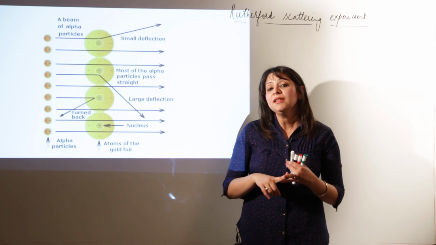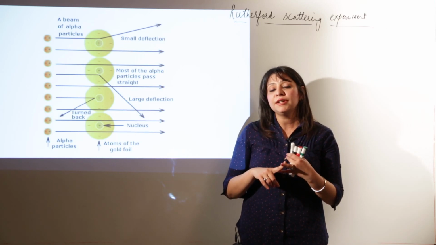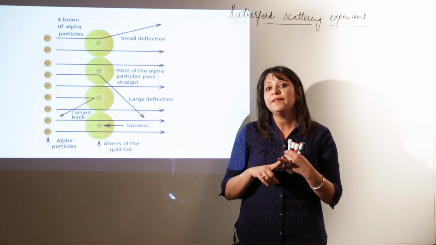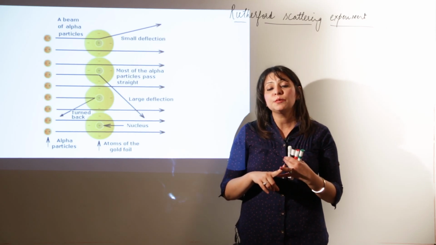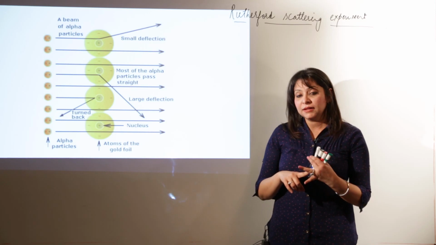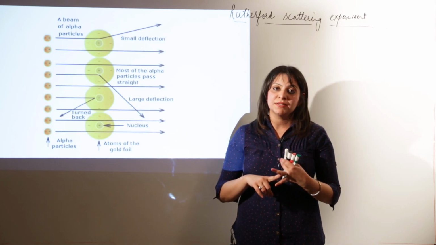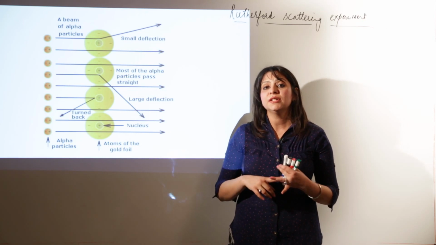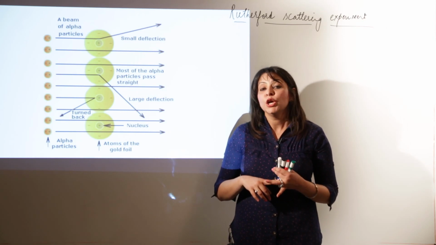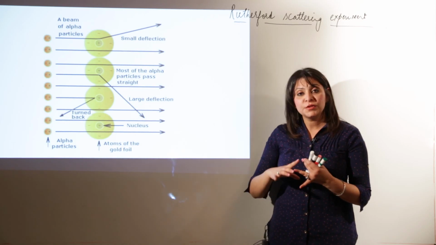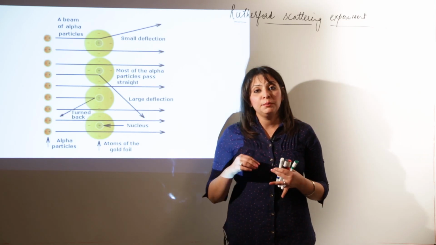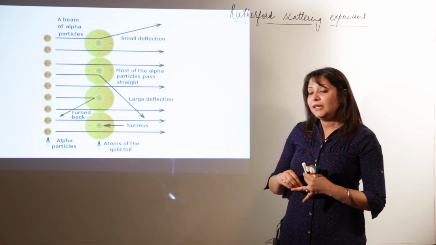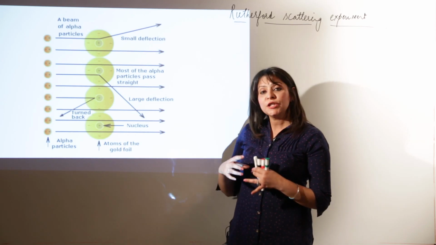There is a dense concentrated mass located in the center occupying a very small area, and he called that mass the nucleus. And third, the nucleus is positively charged, because few rays retrace their path.